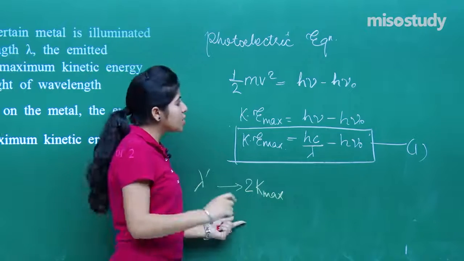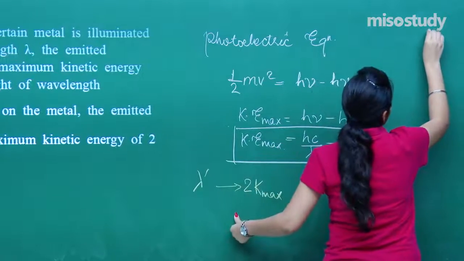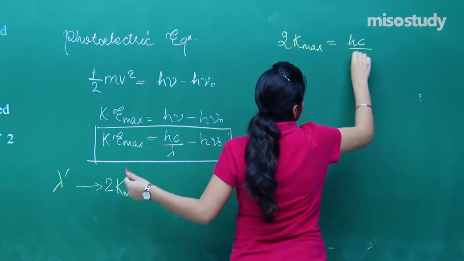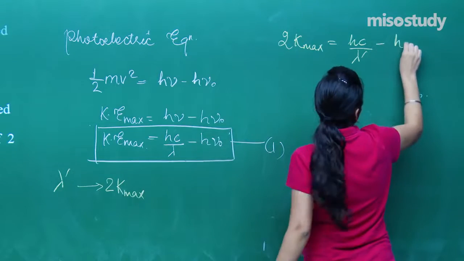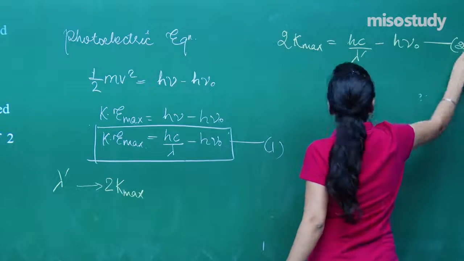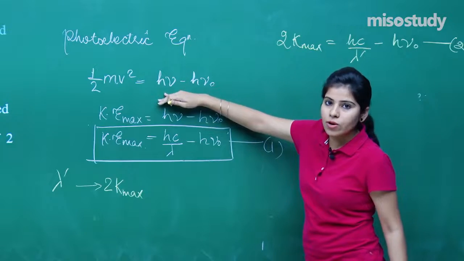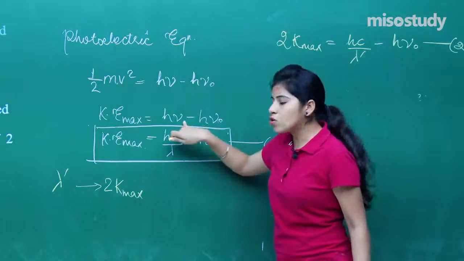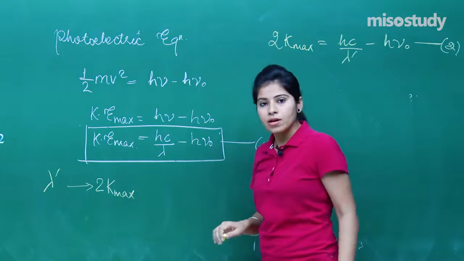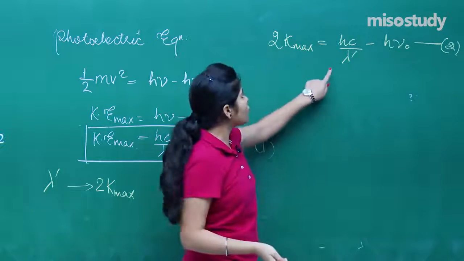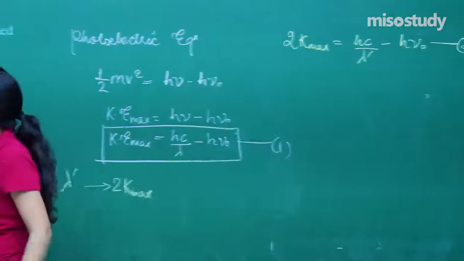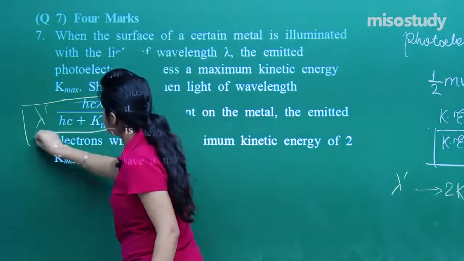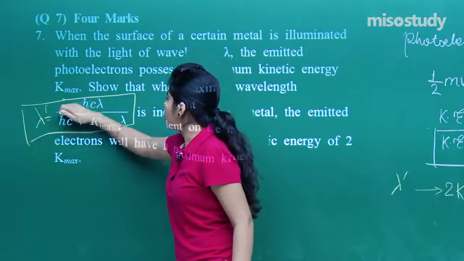So write this equation again: 2 Kmax equals hc upon lambda prime minus h nu naught. Consider this as equation number 2. We have used 2 Kmax in place of Kmax, and in place of hc by lambda we have put lambda prime. From here we have to prove that lambda prime is equal to this particular expression.